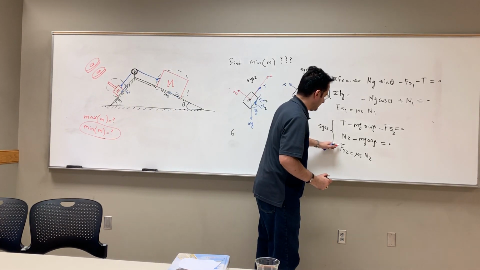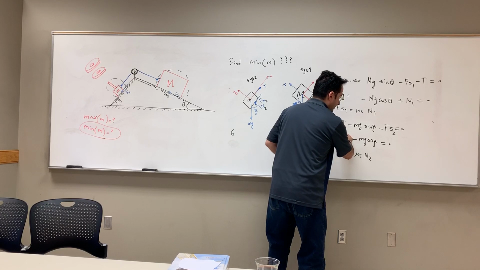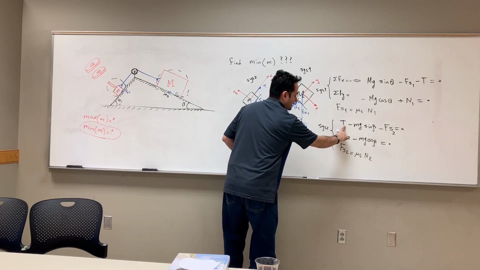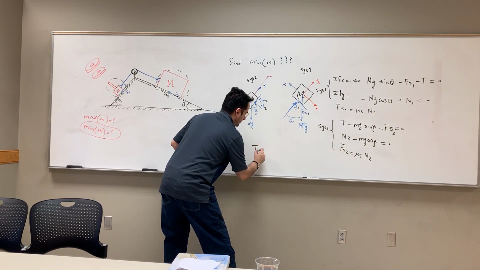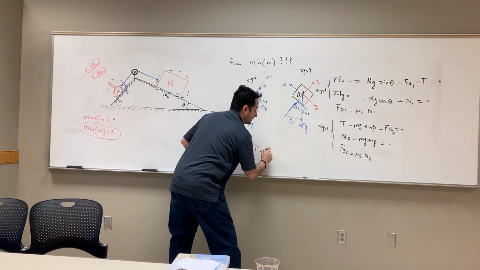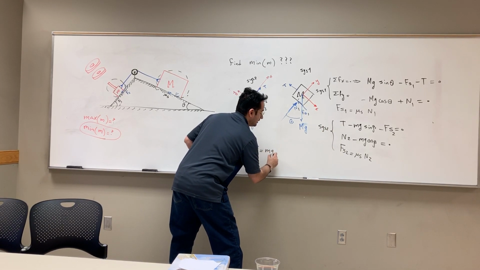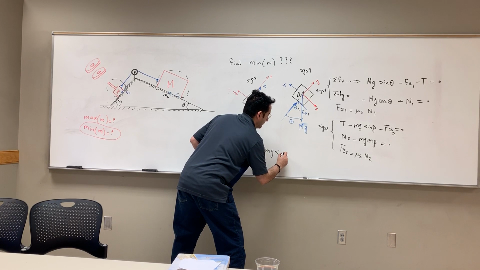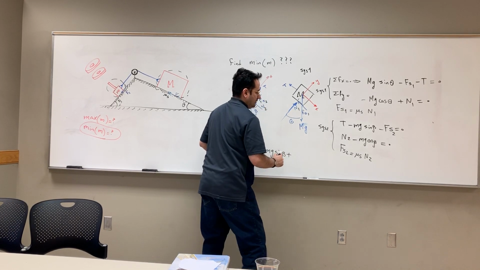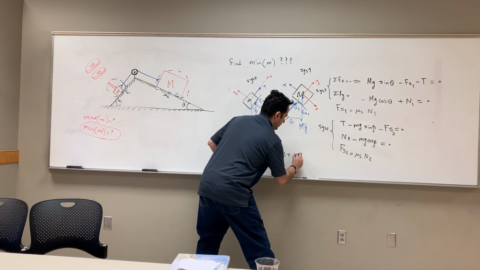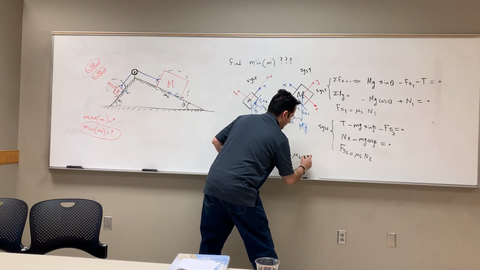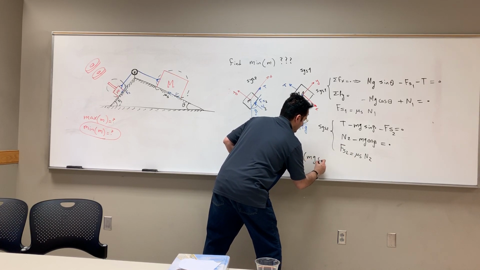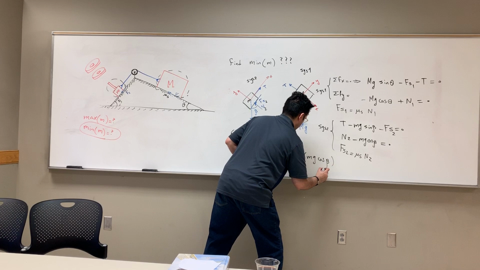How do you solve it? Well, here, let's solve this for T. So T becomes mg sine beta plus Fs2, taking it to the right side. Fs2 is mu S N2, and N2 is mg cosine beta.